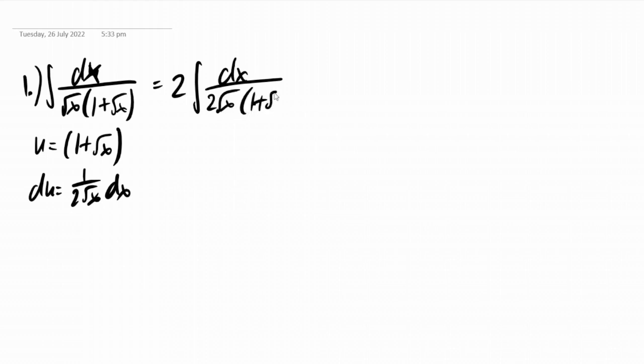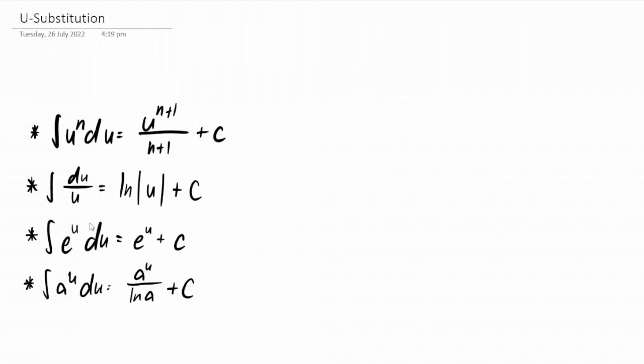So if you can see, we now have our u and our du. So copy 2 and then just substitute du and u. If you remember from the previous, our general formula here is the same as that.